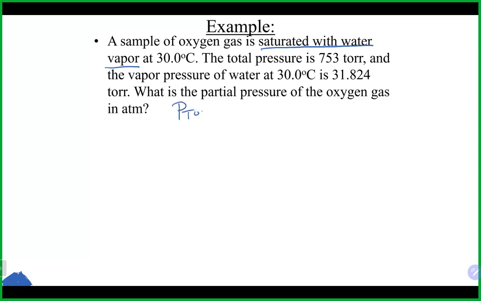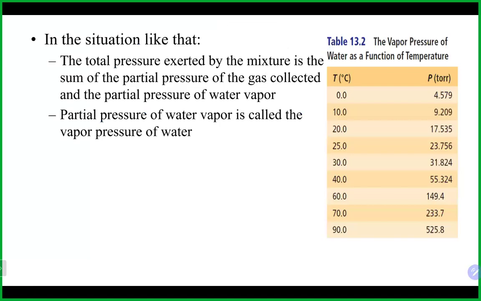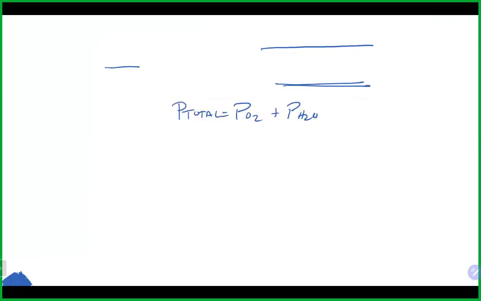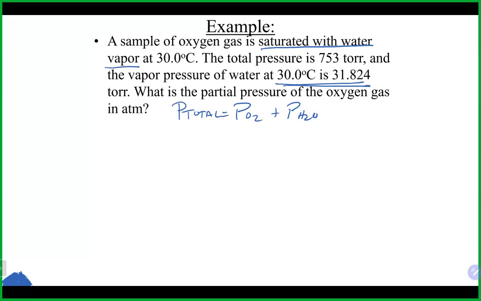So again, the total pressure here would be the pressure, in this case of oxygen, plus our vapor pressure of water. This is the value of the vapor pressure of water at 30 degrees Celsius. Again, if it wasn't given to you, you would need to reference a chart or table that you have in your book to find it. And then we can actually just solve here.